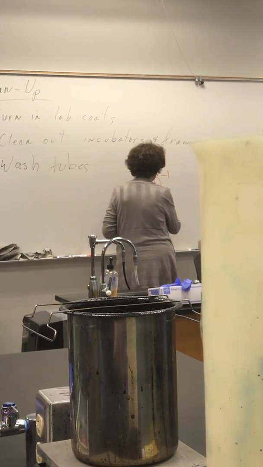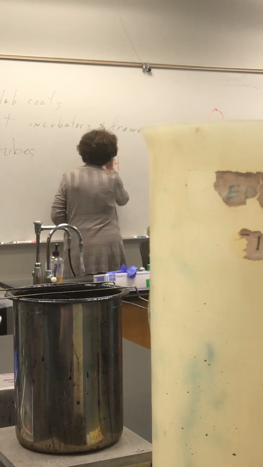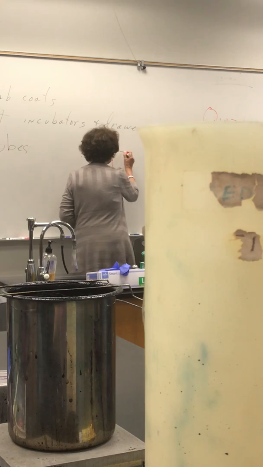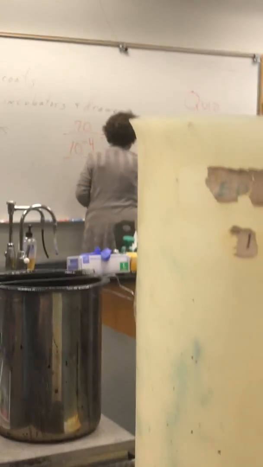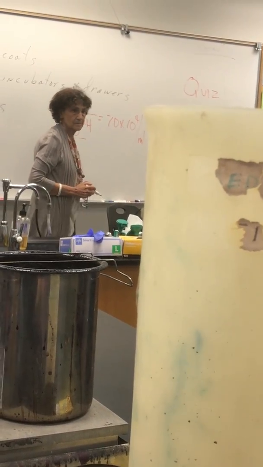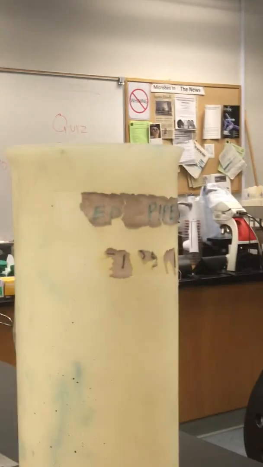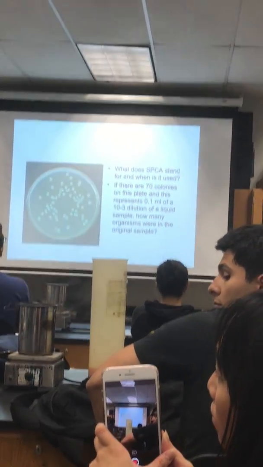That's the total dilution. 70 colonies and a 10 to the minus 4 dilution equals 70 times 10 to the 4th per mil. Okay? You better know how to do it from a liquid sample and from a solid, a food kind of sample.